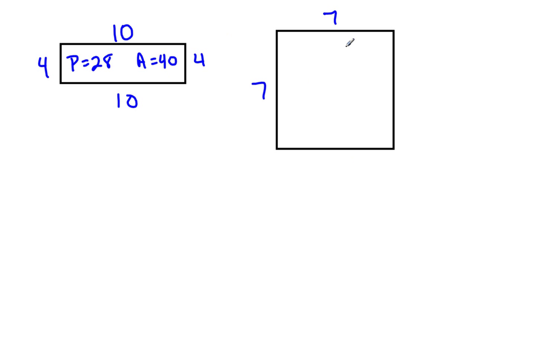Then we come over here to our squarish looking shape. We know it's a square because same sides all around. We say, what's the perimeter of this? You'd say, well, this is 7 and this is 7. So 7 plus 7, 7 and 7 gives us a perimeter of 28. Okay. And the area will be 7 times 7 is 49.